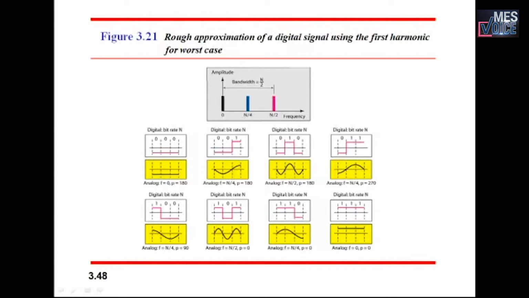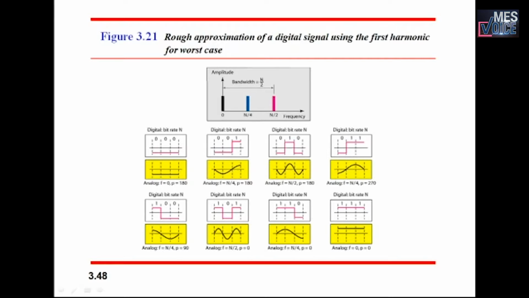Now let's have a look at the rough approximation of a digital signal using the first harmonic for the worst case. You can see the bit rate is n and 000 is represented as an analog frequency of 0 with a phase shift of 180 degrees. 001 is represented as an analog frequency of n by 4 with a phase shift of 180.